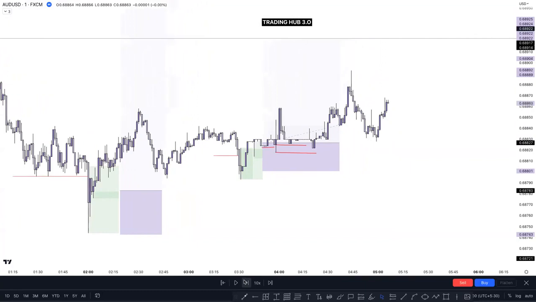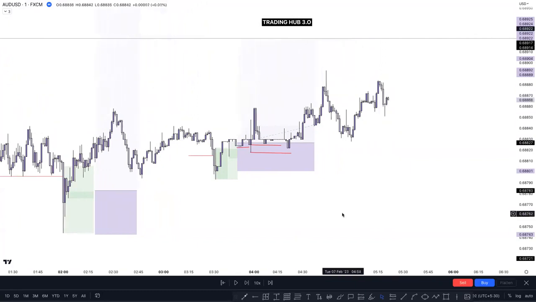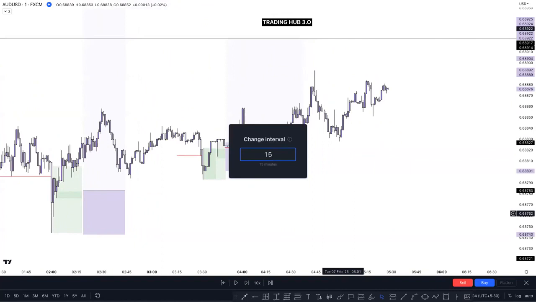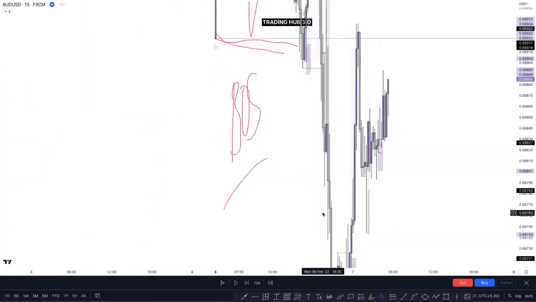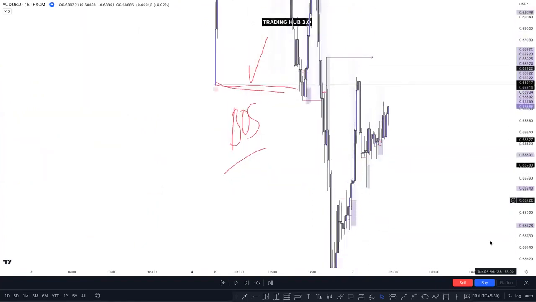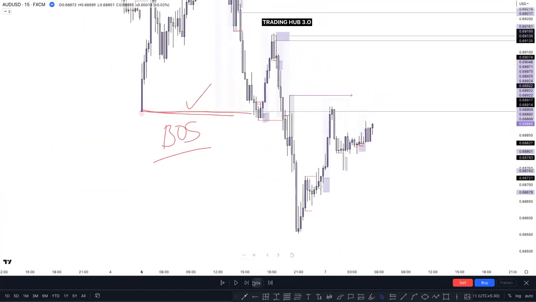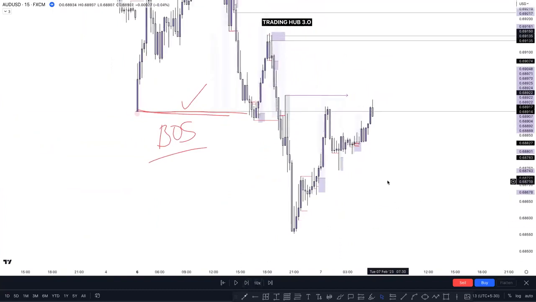Okay, so let's see what is happening here. Switch again to the 15-minute time frame. Okay, all right. This is our target point, right here.